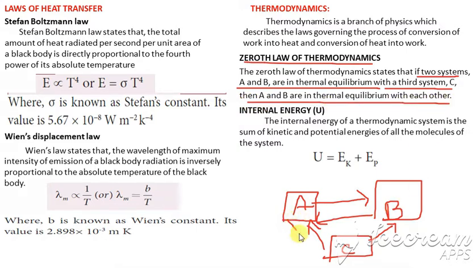So sorry, if A and B are each in thermal equilibrium with a third system, then these two will also be in thermal equilibrium, they have said. Okay, so this is zeroth law of thermodynamics.